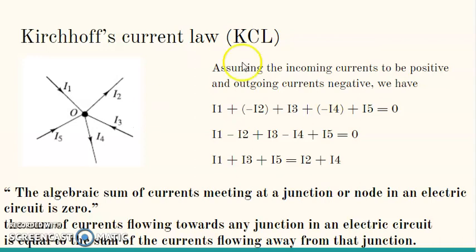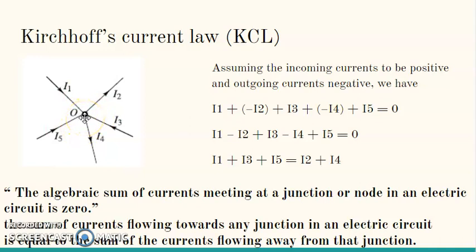If we consider in this example node O, there are 5 branches coming, out of which I1 is incoming to that node, I2 is leaving that node, I3 is incoming, I5 is incoming, and I4 is leaving at that particular node.